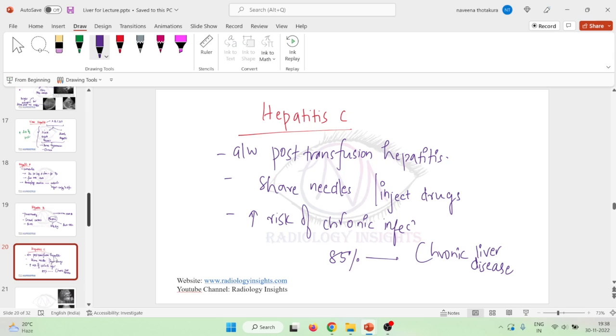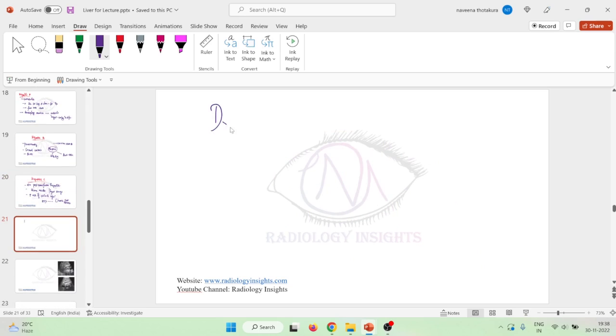Then how are you going to diagnose hepatitis C? The main diagnosis of hepatitis C is by an antibody to hepatitis C virus, which is anti-HCV. And because it leads to chronic liver disease, liver transplantation may be necessary in patients with hepatitis C infection.